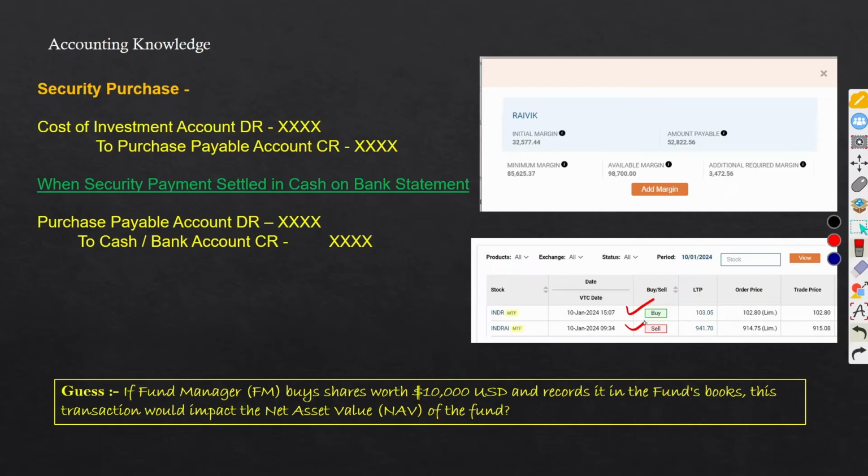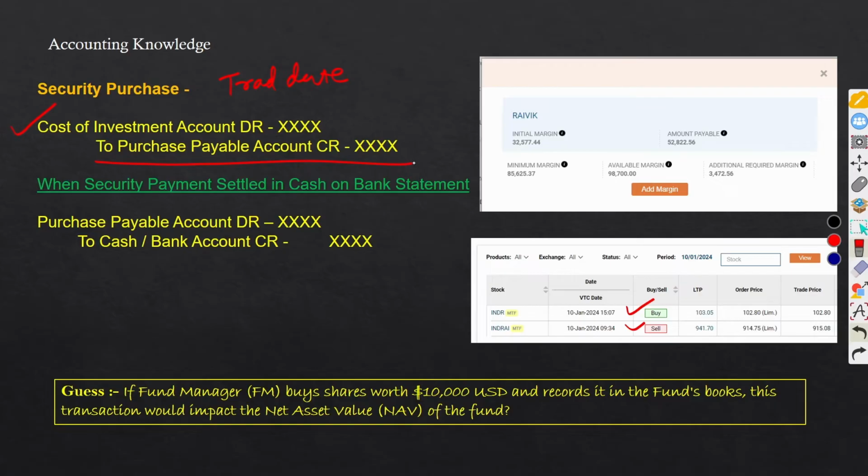Here we are discussing fund accounting, so by default you can apply the trade date accounting method. When we record transactions on the basis of trade date, see how your journal entries look. On the trade date, when you purchase a security, you create the accounting entry: cost of investment account debit, purchase payable account credit.